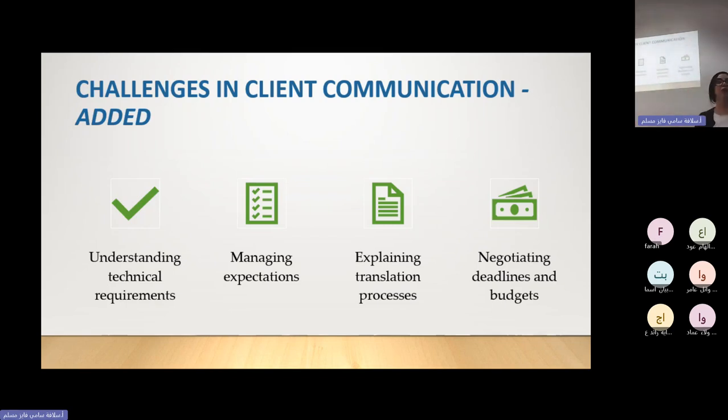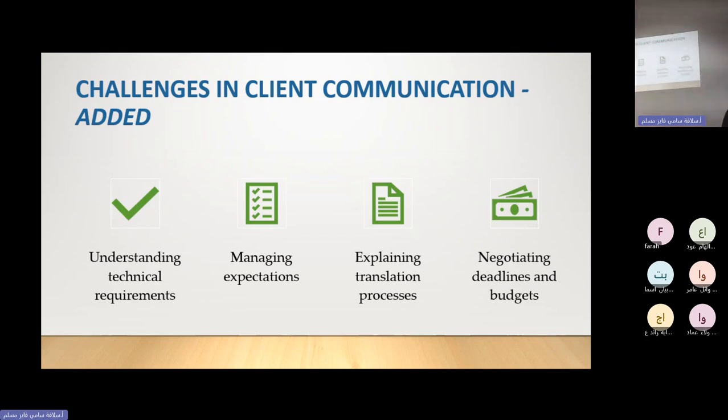Explaining translation processes is a challenge, because if you are not a translator, you will not understand what translation entails. It needs time, it needs research, it needs power, it needs staying awake all night, for example. Okay? Sometimes clients don't understand these points.